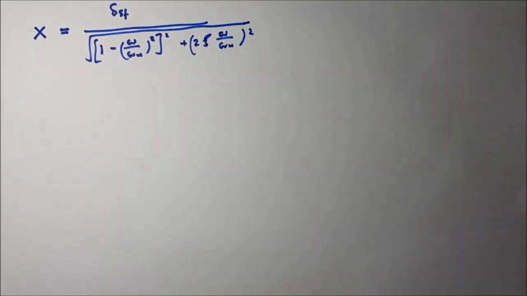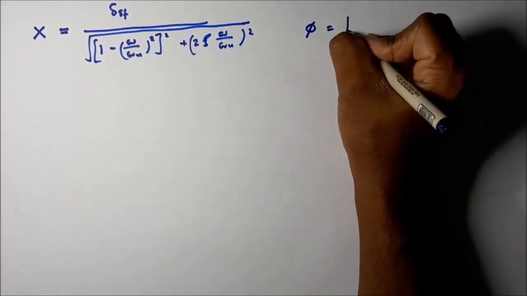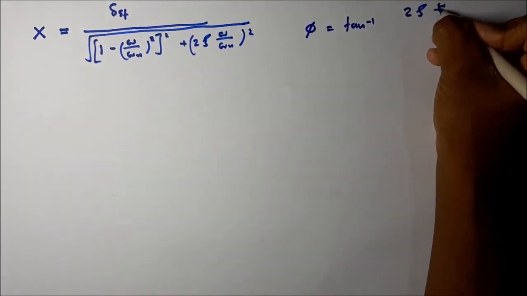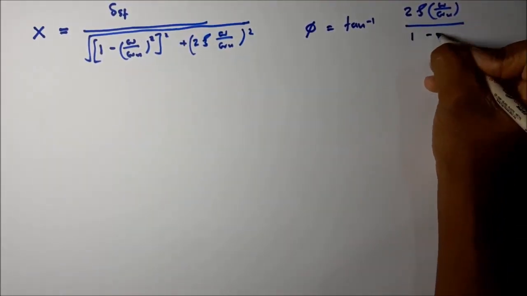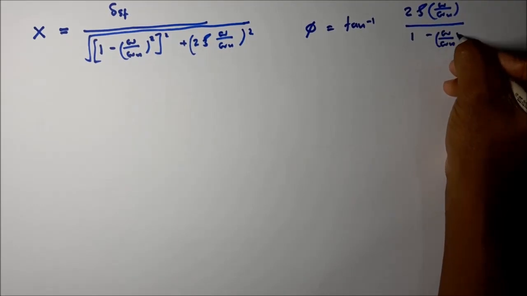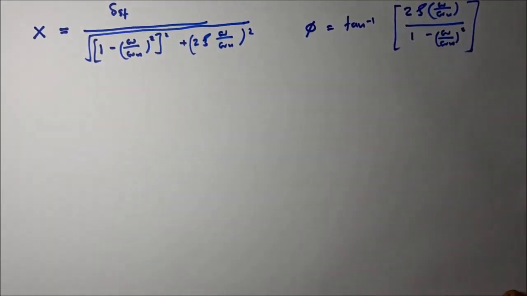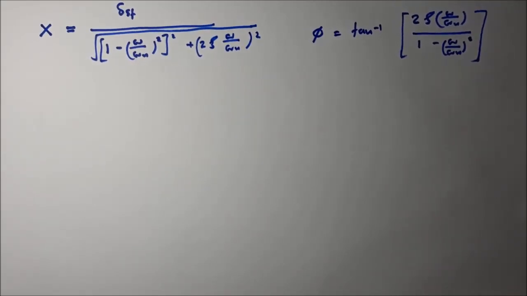This is the equation we obtain for the damped forced vibrating system. Then the phase shift angle phi is equal to tan inverse of 2 zeta omega divided by omega n, divided by 1 minus omega divided by omega n, squared. This is the phi we obtain for the damped forced vibrating system.